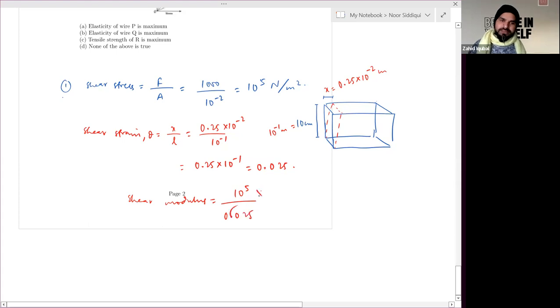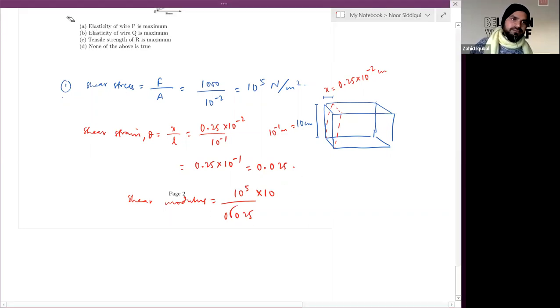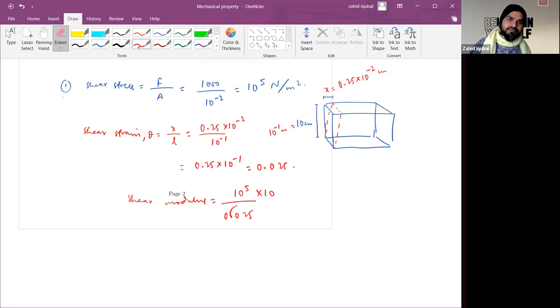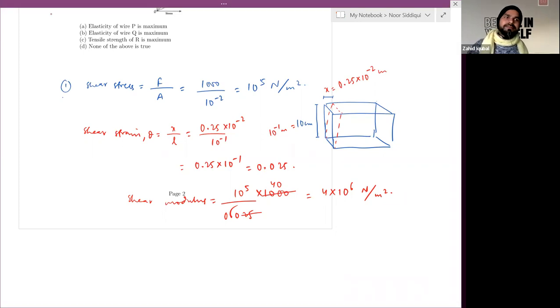Remove this decimal, so put 10 to the power 3, or you may write 1000. So you'll get 4 into 10 to the power 6 Newton per meter square as shear modulus. Is it clear? Yes, sir.